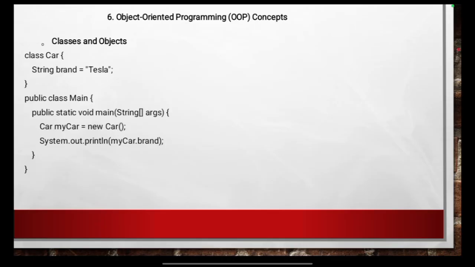Moreover, Java allows the creation of methods inside classes to perform actions, making objects not just data holders but entities with behaviors. So this program serves as a simple introduction to the concept of classes and objects in Java. Understanding how to create objects from classes is fundamental to mastering Java and object-oriented programming.